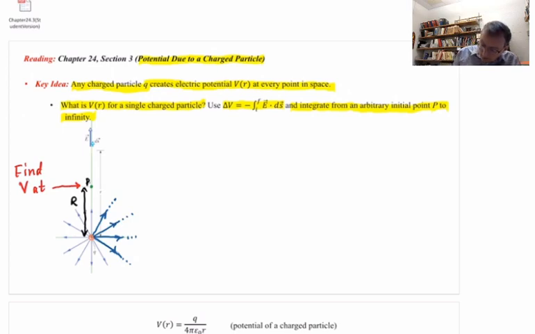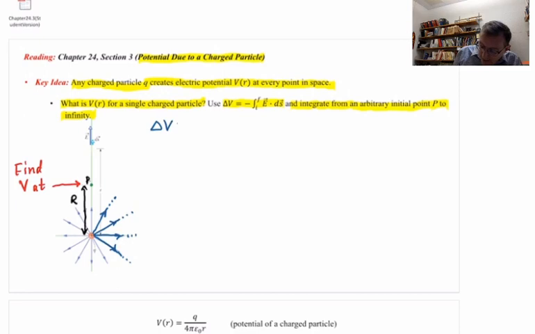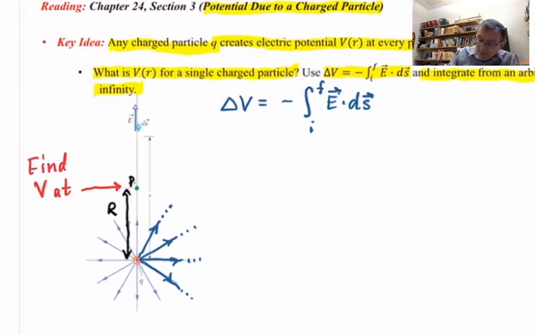All right, here we go. Delta V equals the negative of the line integral from the initial point to the final point, E dot ds. In the picture here over to the side, let me zoom out again so you can see it, it has chosen an arbitrary point there on the path and shows the little displacement that's going to happen, ds, and the electric field there, E. You see why they're drawn that way?